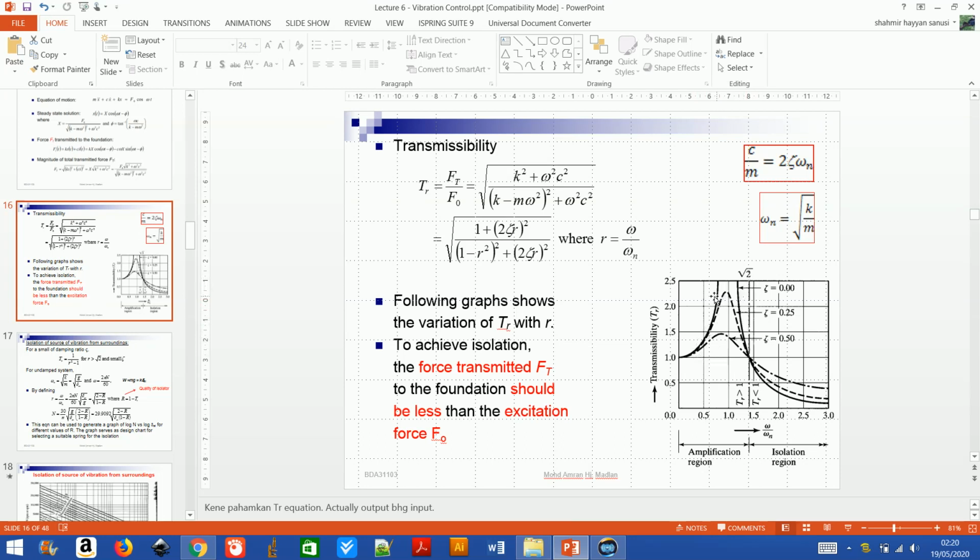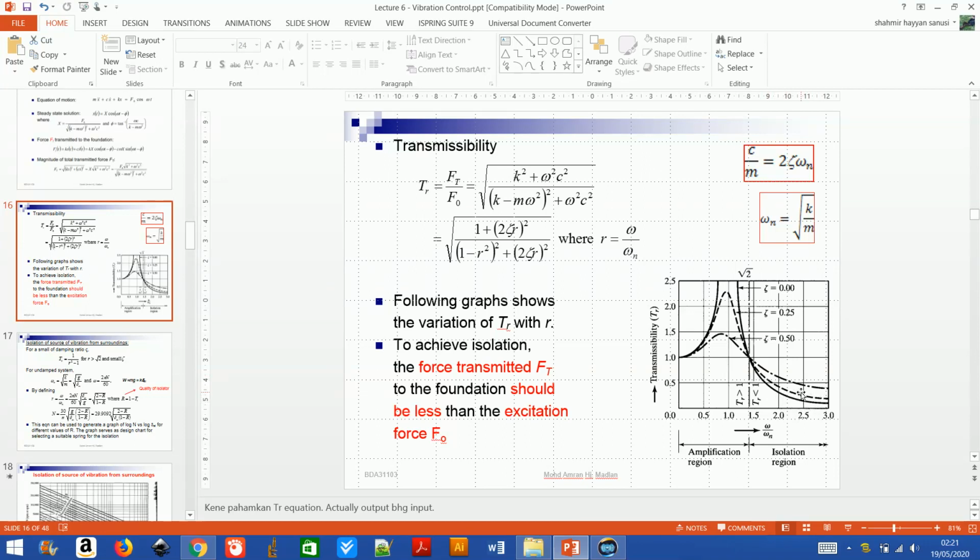So this is the region whereby the frequency ratio is less than square root 2, and the transmissibility ratio is more than 1. But if the frequency ratio is over square root 2, which is this region, we can see that the transmissibility ratio is less than 1.